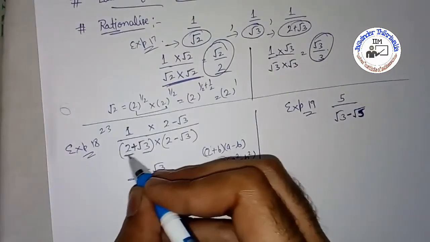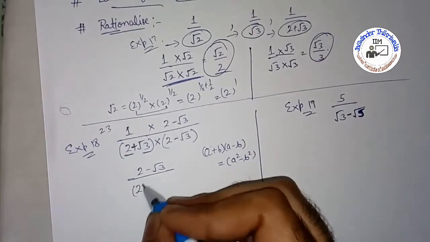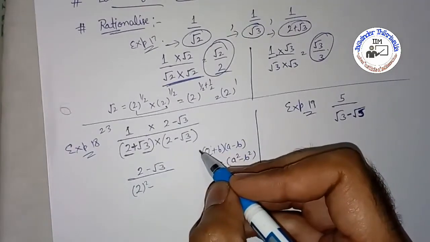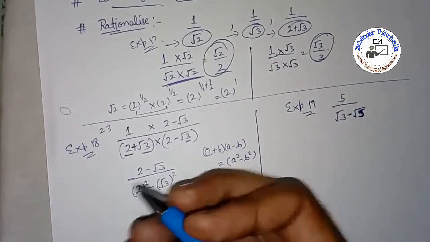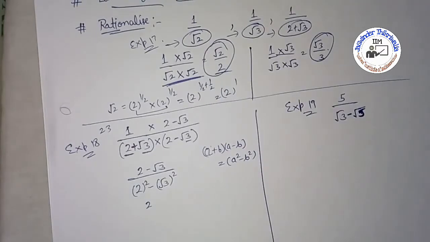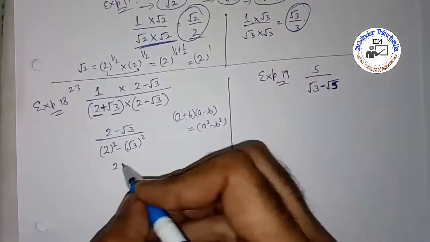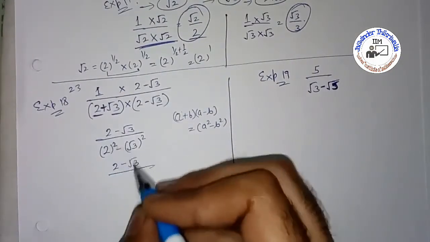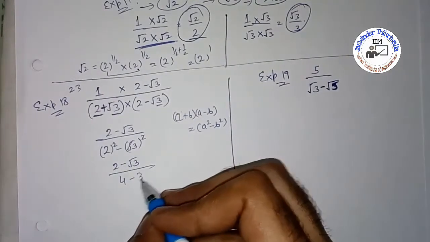It means in the place of a, here is 2, so we will write 2 to the power 2, minus, in the place of b, here is under root 3, root 3 to the power 2. Now you simplify: in the denominator it is 2 squared, 4, and the square cancels with the root, so it will be 3.